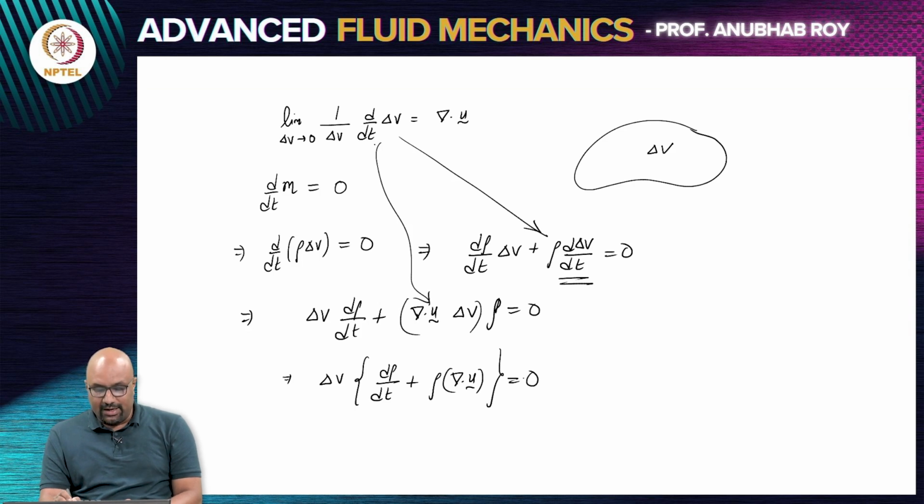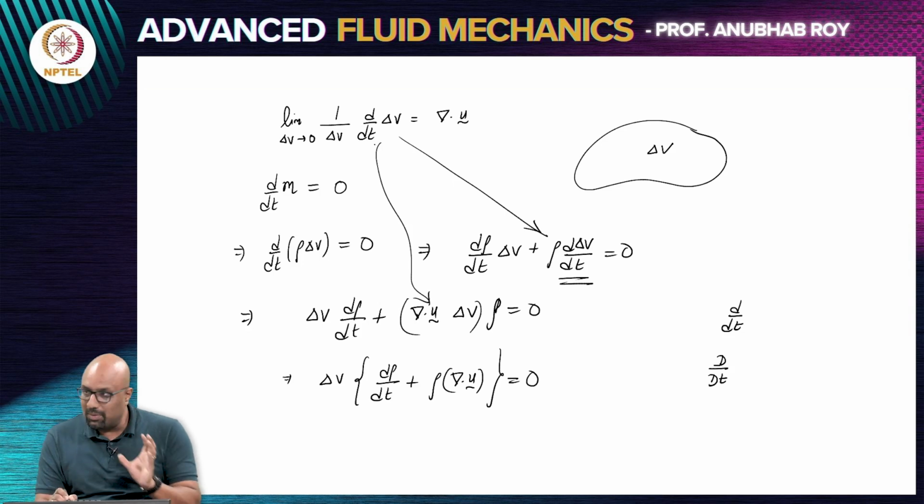Now this derivative that I have written out here with this time derivative d dt, the appropriate notation to use for this would be a capital D, because I am following that particular patch of fluid. I am basically tracking and moving along with it.